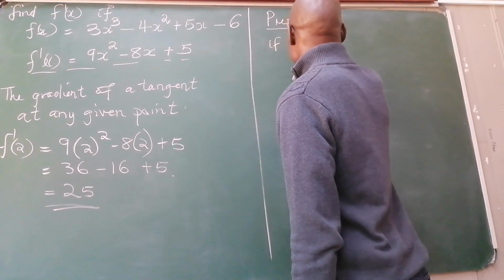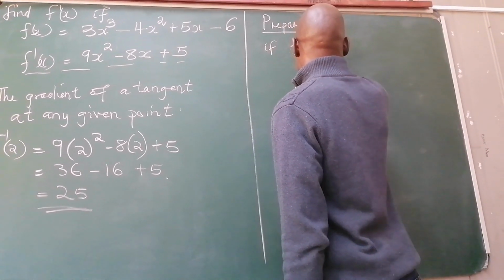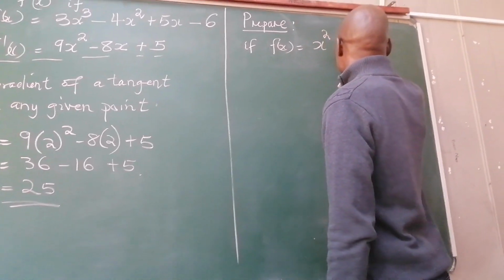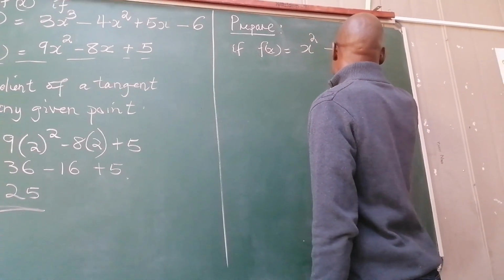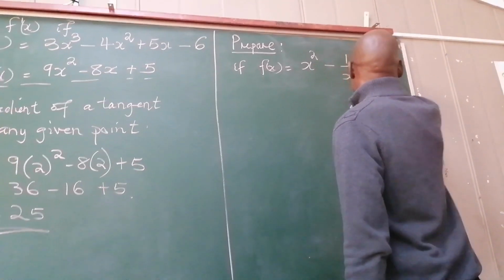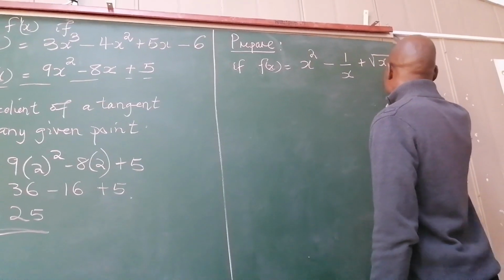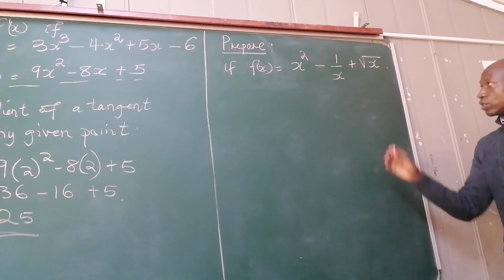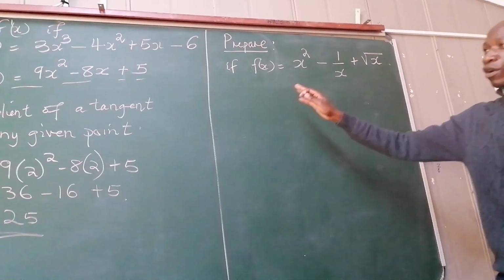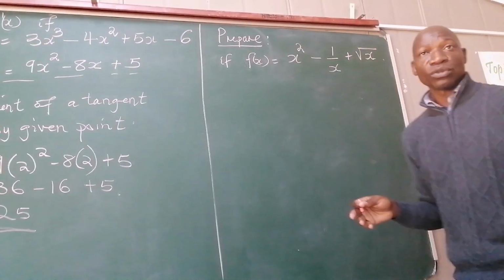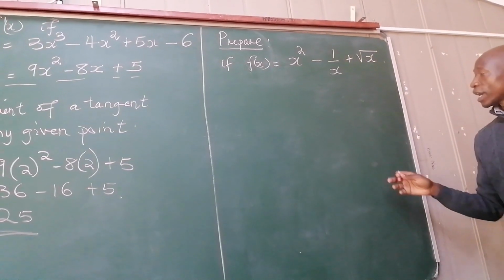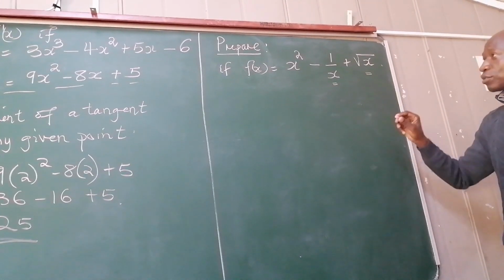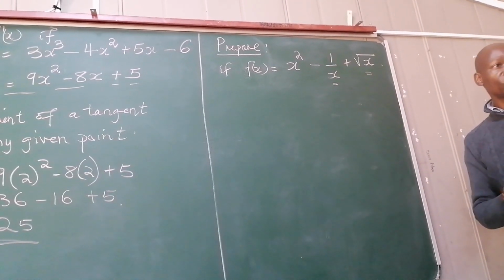If f of x is equal to x squared minus 1 over x plus the square root of x. This looks a bit complicated because it is not in the standard form ax to the power n. So there's something that should be done. This is the stage of preparing to differentiate.